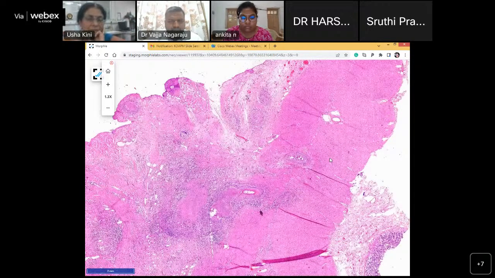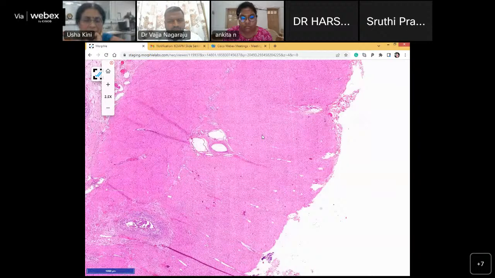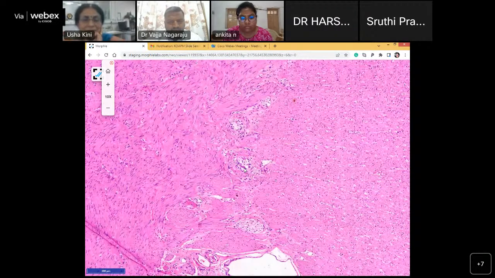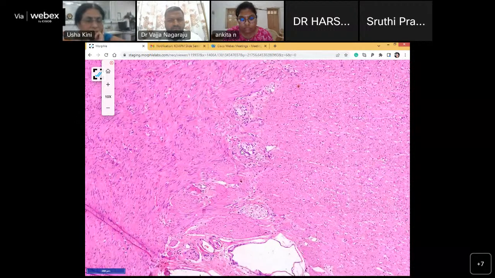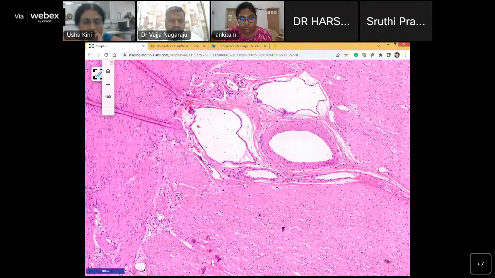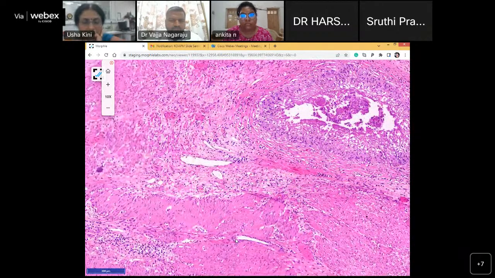And as you described, there are giant cells here. They are ganglion cells in the myenteric plexus, which is normal. But if you come closer to the surface of the stoma, as you had pointed out, the nerve bundles are hypertrophic. Yes, ma'am. They are very thick.